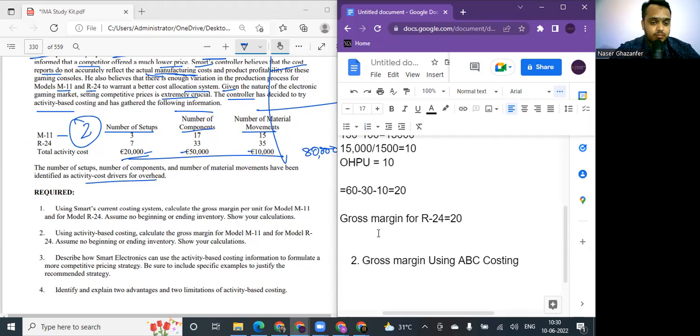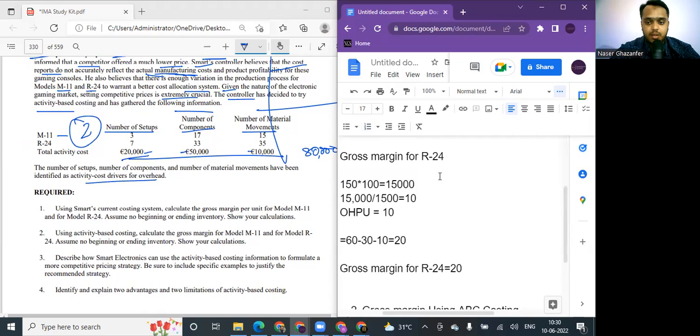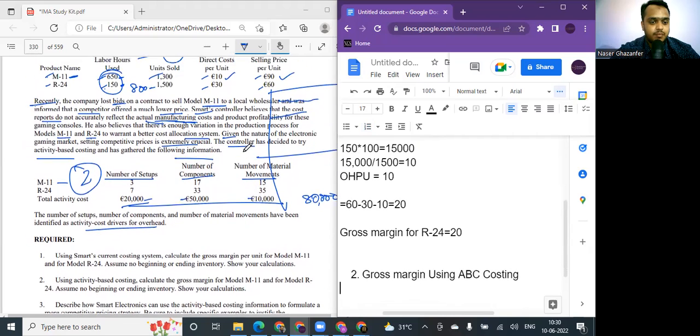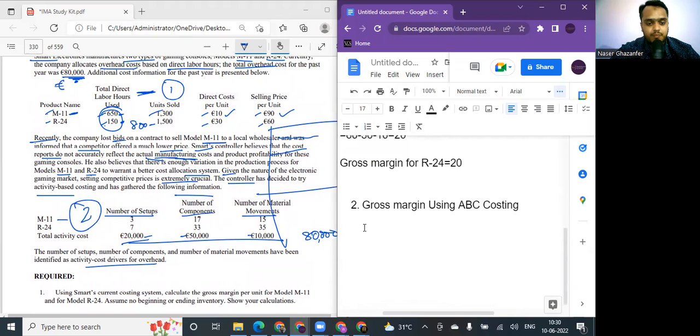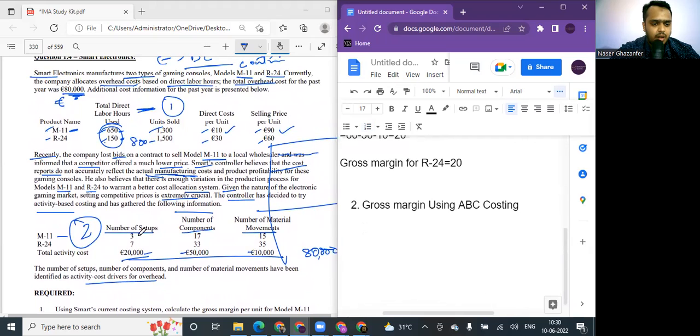Now, here it is a bit different. Here we have the number of setups and so on. So what we'll do here is, first of all, we have this 20,000, 50,000, 10,000, separate. And let us just see what is the cost per setup.